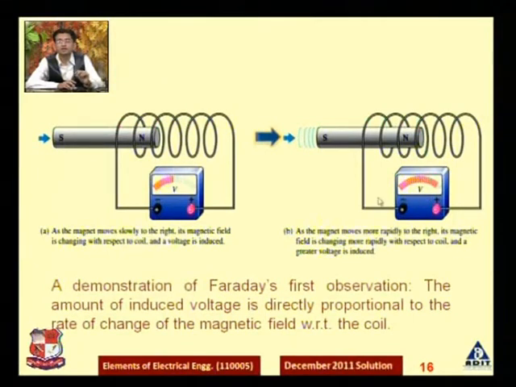So when the voltmeter shows voltage, you can say that an EMF is induced in the conductor. The EMF is produced in the coil, right? This demonstration says that the amount of induced EMF is directly proportional to the rate of change of magnetic field with respect to the coil. What is the meaning? If you are changing the magnetic field, that is, if you are using a large magnet, then the EMF produced in the coil will be more.